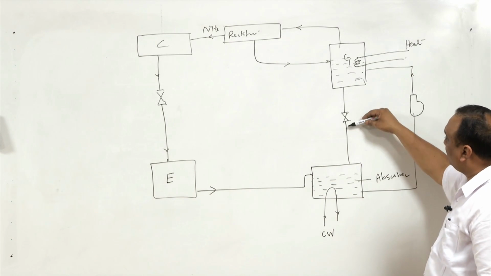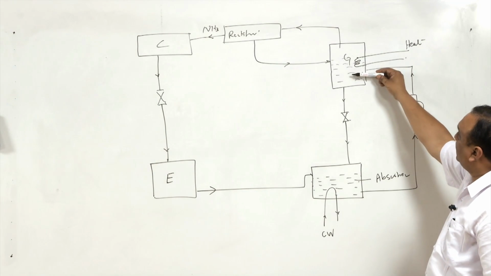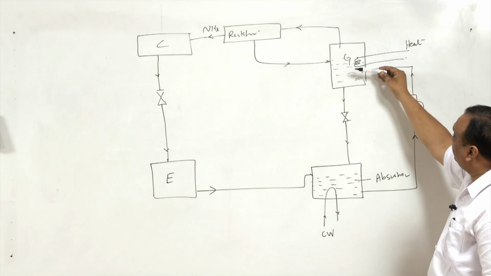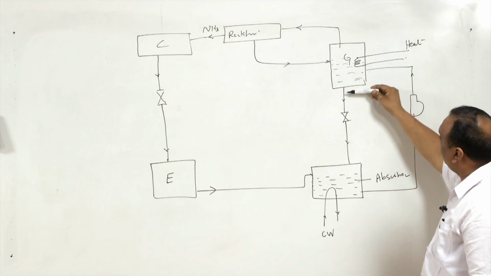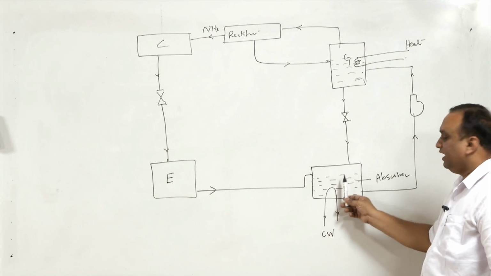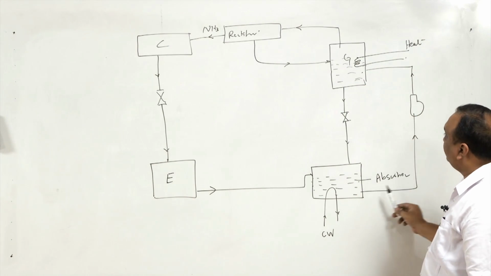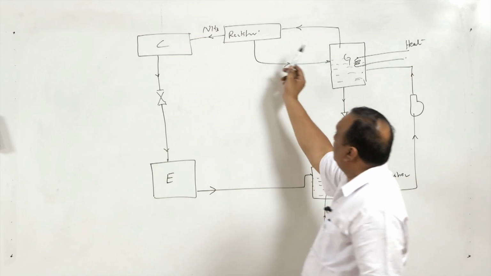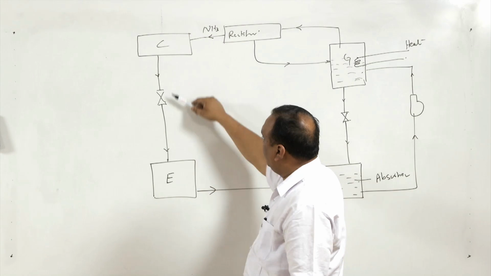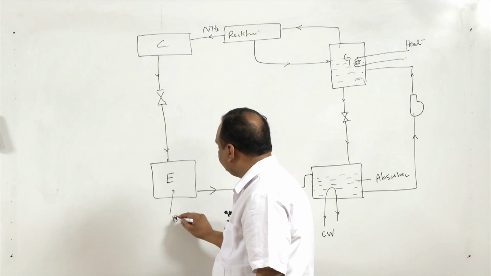Pressure is dropped across the valve, and the weak solution, called weak because the ammonia has already been liberated from the solution but it still contains some part of the ammonia, enters the absorber from the generator. The absorber gets ammonia from the evaporator and it makes the solution rich, and the rich solution is pumped back to the generator. This is one cycle which keeps on going, and the vapor after the rectifier goes to the condenser as in the case of a vapor compression system, and then after expansion the vapor goes to the evaporator where the refrigerating effect takes place.